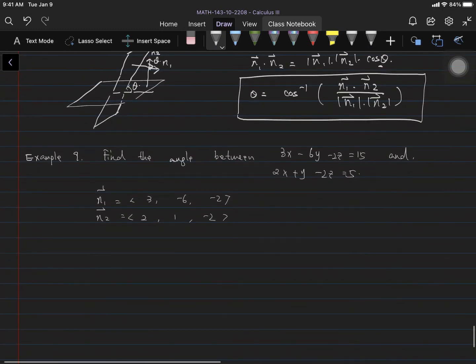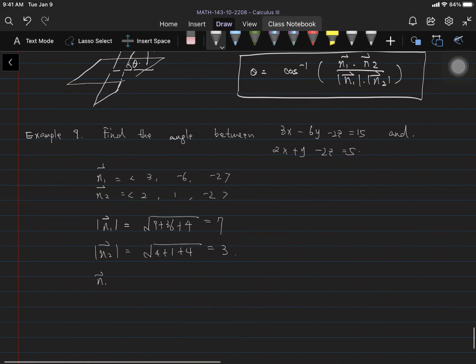And next, we just do the dot product and find the lengths of n1 and n2, right? The n1 length is root 49, which is 7, and the n2 length is root of 4 plus 1 plus 4, which is root of 9, and is 3. And the n1 dot n2 dot product: 2 times 3 is 6, minus 6, plus 4, which is 4.